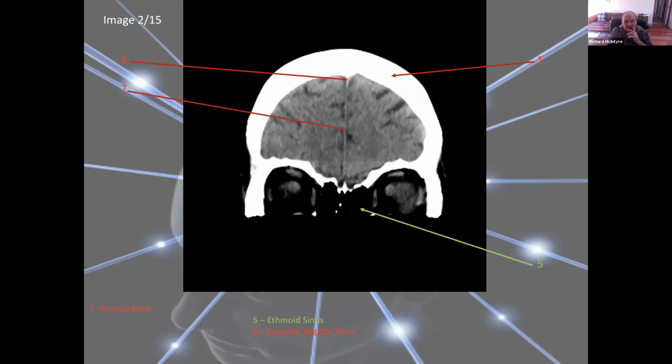But not much. So we've got the ethmoid sinus, okay, and we can see we're coming back from the orbits now, and we can see we're going to get through the ethmoid sinus and then into the sphenoid sinus. Okay, we've got the meninges covering of the brain, separating the right from the left hemisphere, and of course we've got the superior sagittal sinus, and of course we've got the bone.